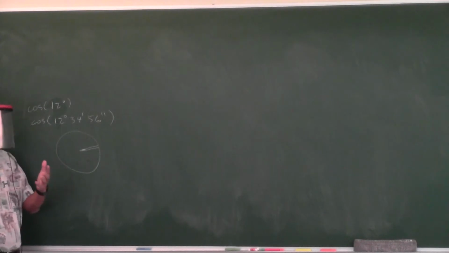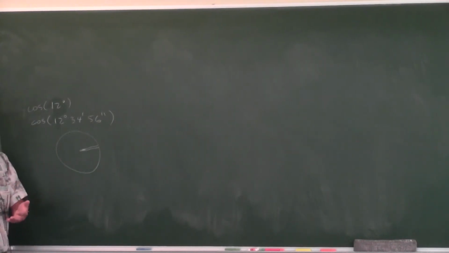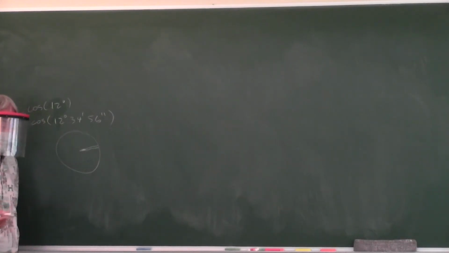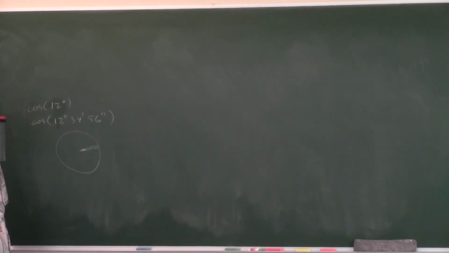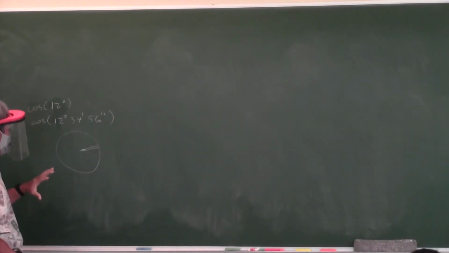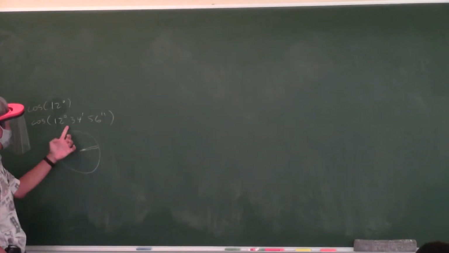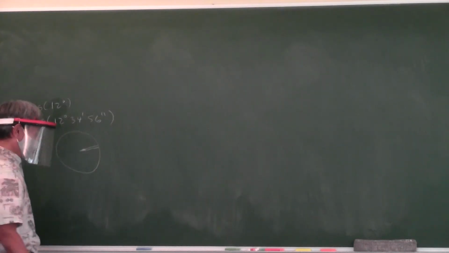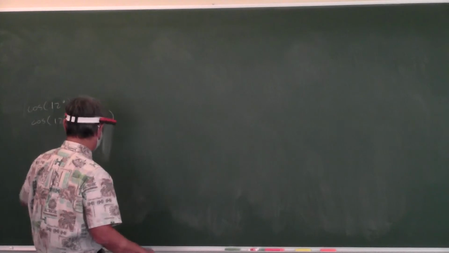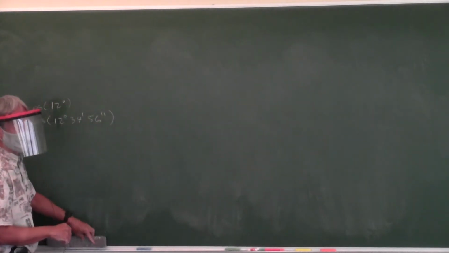You guys better practice, because you've got to be really good at your calculator now. First, put your calculator in degree mode. One way to punch it in is just like this. But if you forget on the test, then you can do this, the way we did it in the old days.